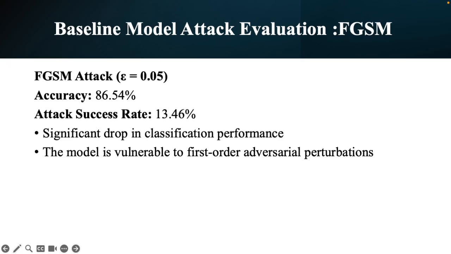With an epsilon of 0.05, the FGSM drops accuracy from 97.63 to 86.54%. This shows that even a single-step attack can significantly compromise the IDS model.